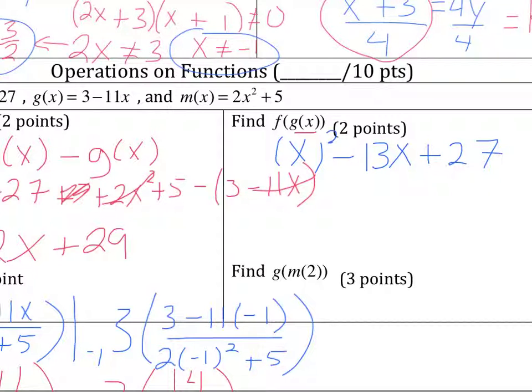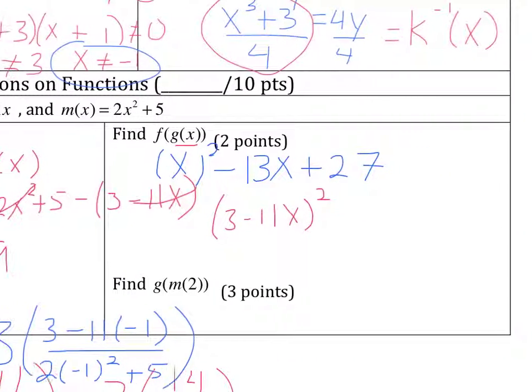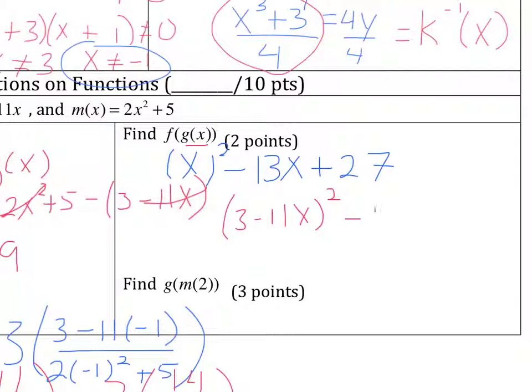And in there I'm going to insert g of x. So instead of x squared, I'm going to write (3 minus 11x) squared minus 13 times (3 minus 11x) plus 27.